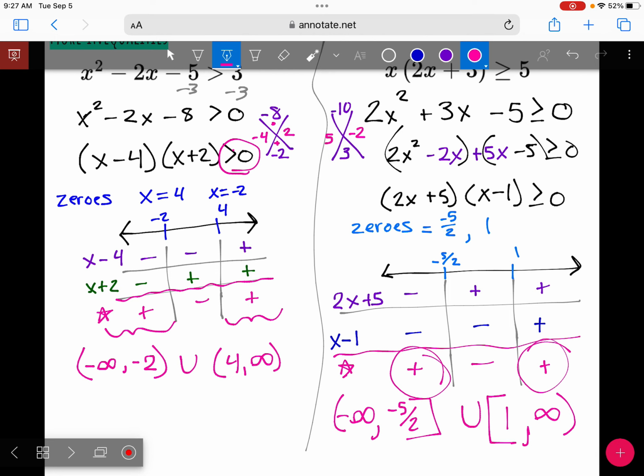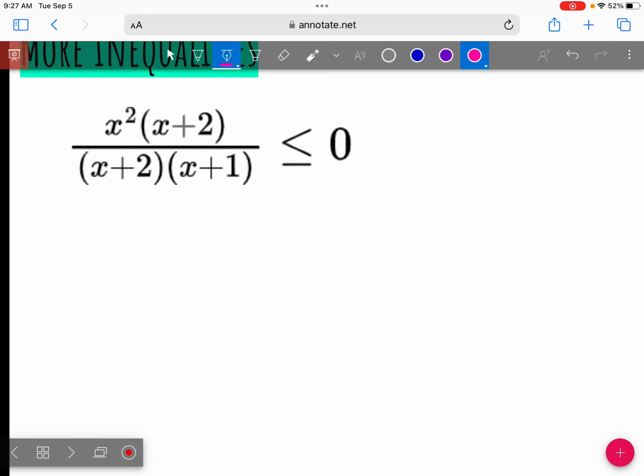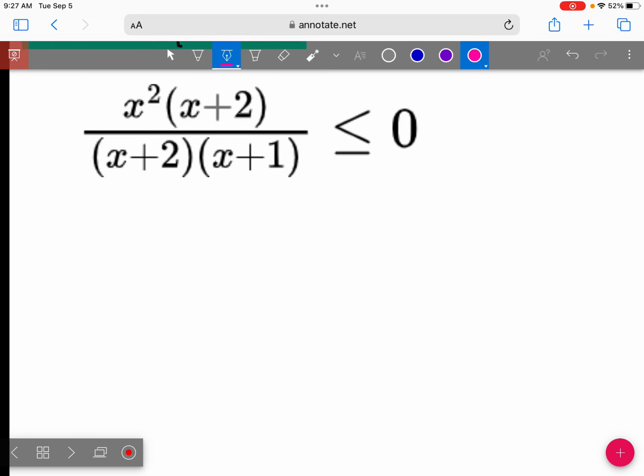And what we're going to do next is pretty much what we're going to do tomorrow. This is the notch, the hardest it's going to be. Don't panic, I promise. This is still 2-7, still inequalities.